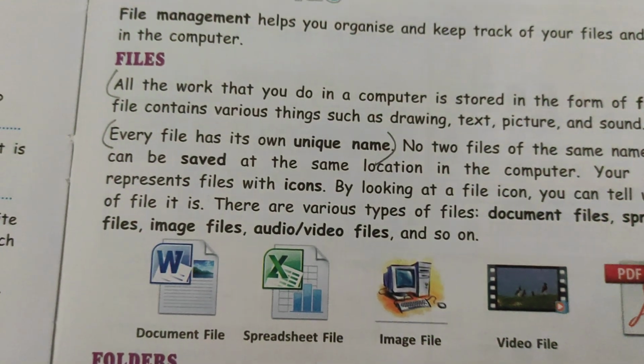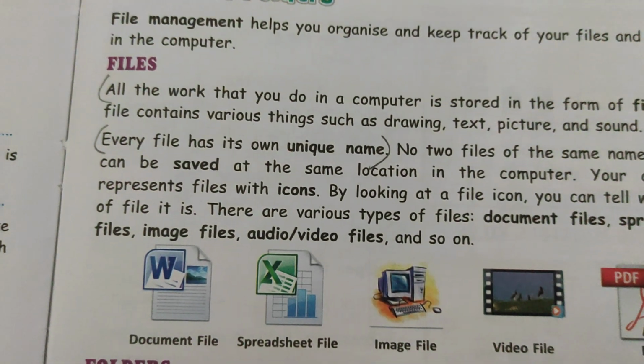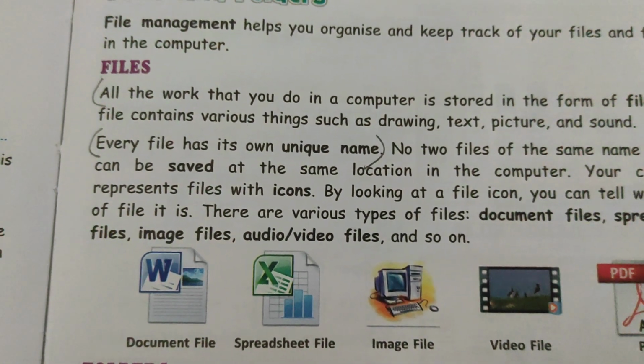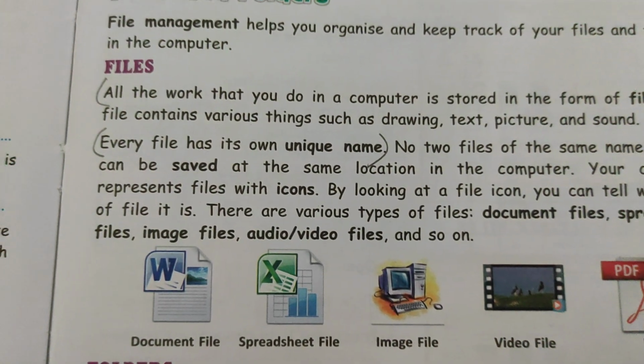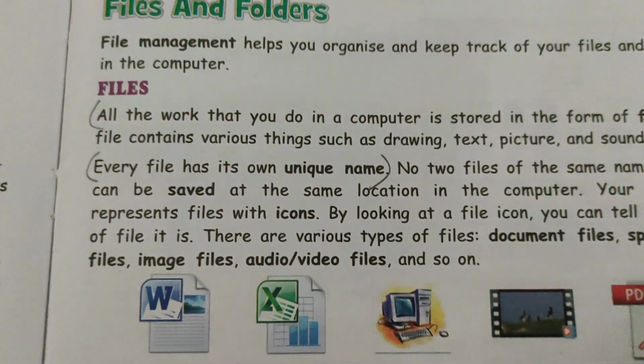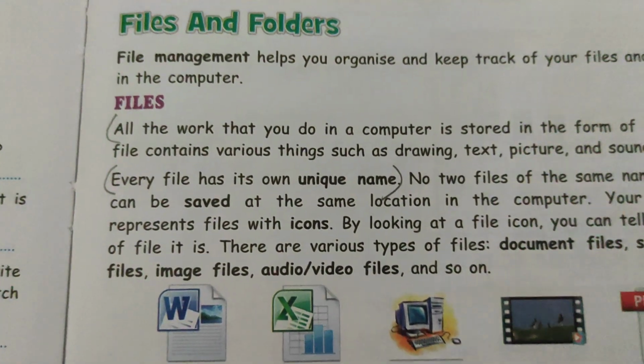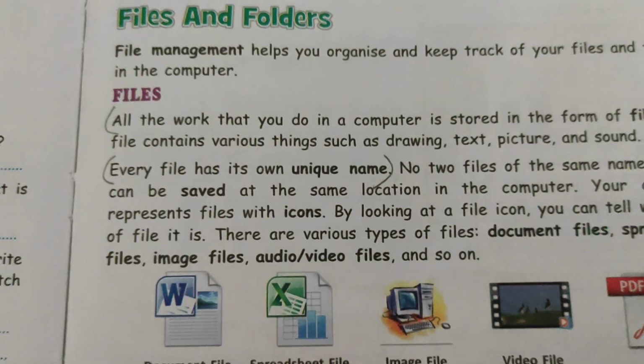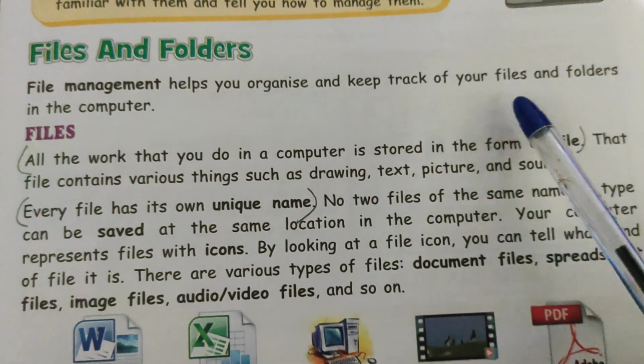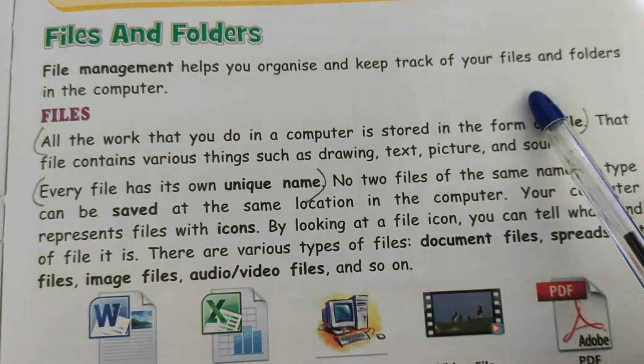For example, if we want to save all music files, we make a folder and give it a name like music, MP3, and we save all music files in that folder only, so that we can keep track of our files in a particular folder.